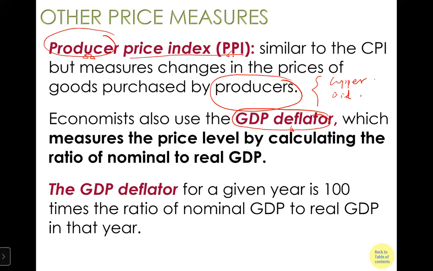So in some sense, the GDP deflator has the most comprehensive market basket. Maybe you can just draw a diagram: if this is all types of goods and services we produce, and we pick everything and compile our price index, then this is the GDP deflator.